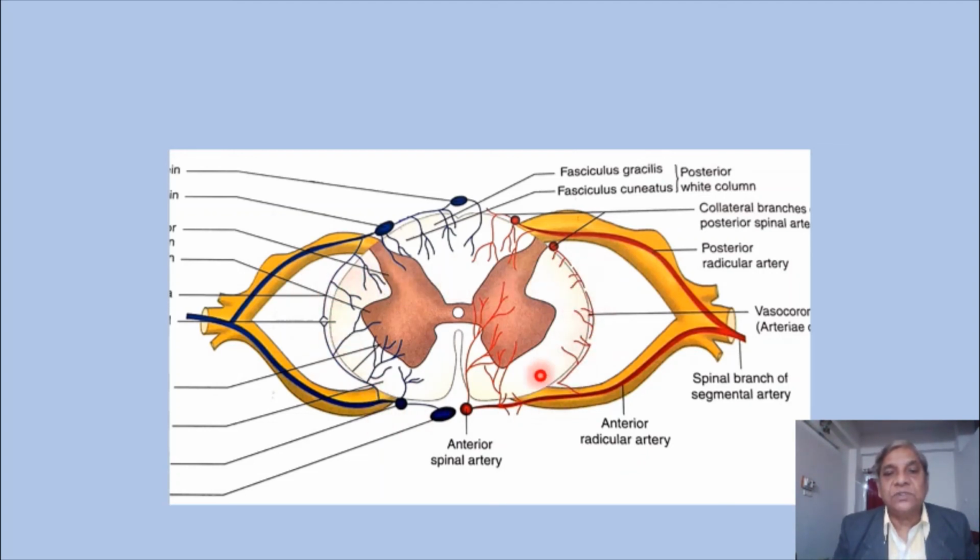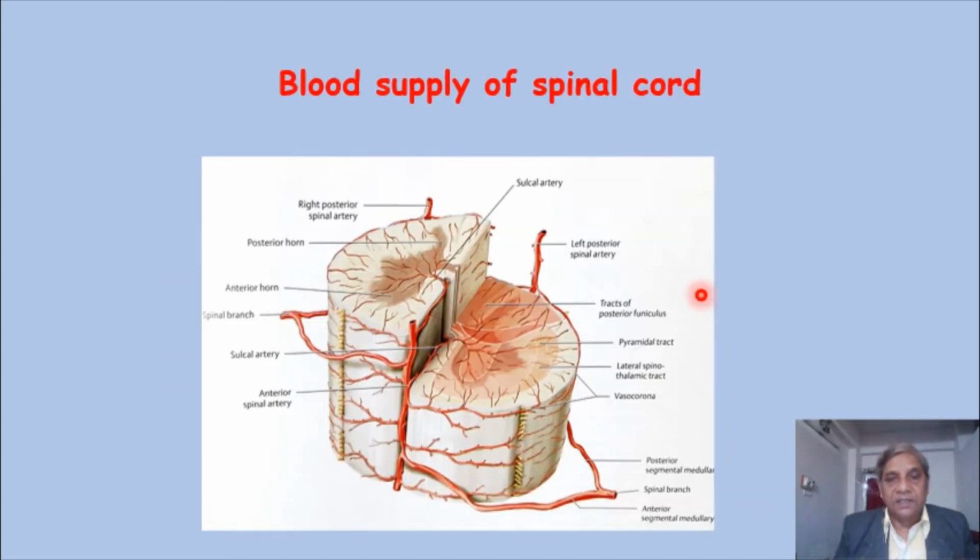Ventral two-thirds. This much part is supplied by the anterior spinal artery, which is reinforced by the segmental arteries, while the posterior one-third of the spinal cord is supplied by the posterior spinal arteries. Now I will show you again.